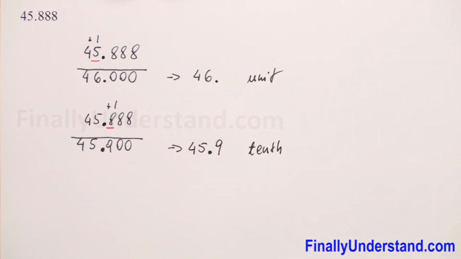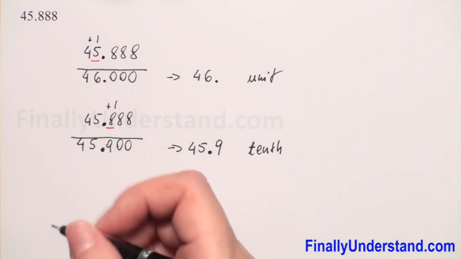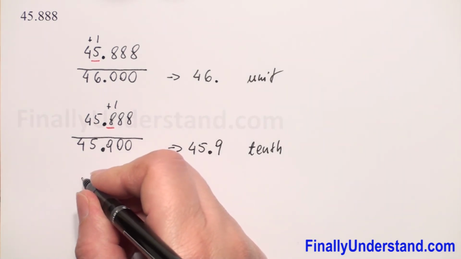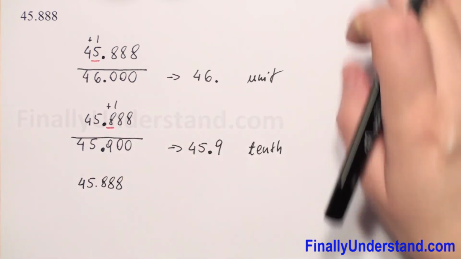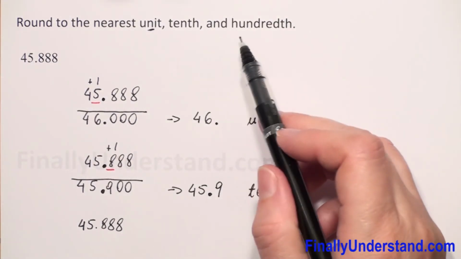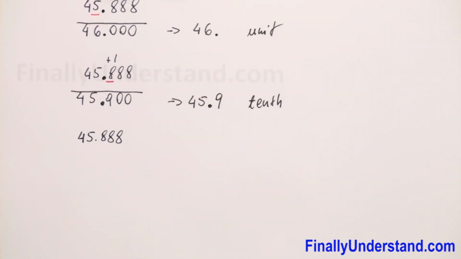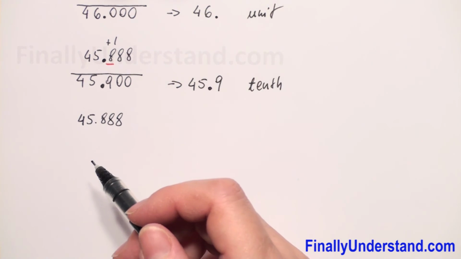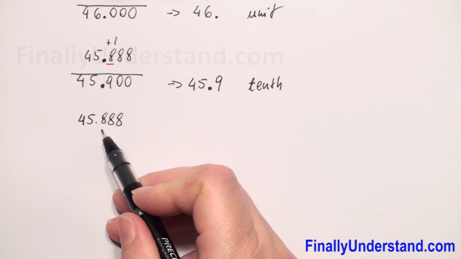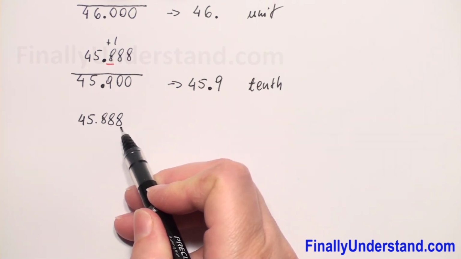Next, we need to round our number, I will write it one more time, to the nearest hundredth. So where is the hundredth? First, we need to find it. Hundredth is after tenth. Next will be thousandth.